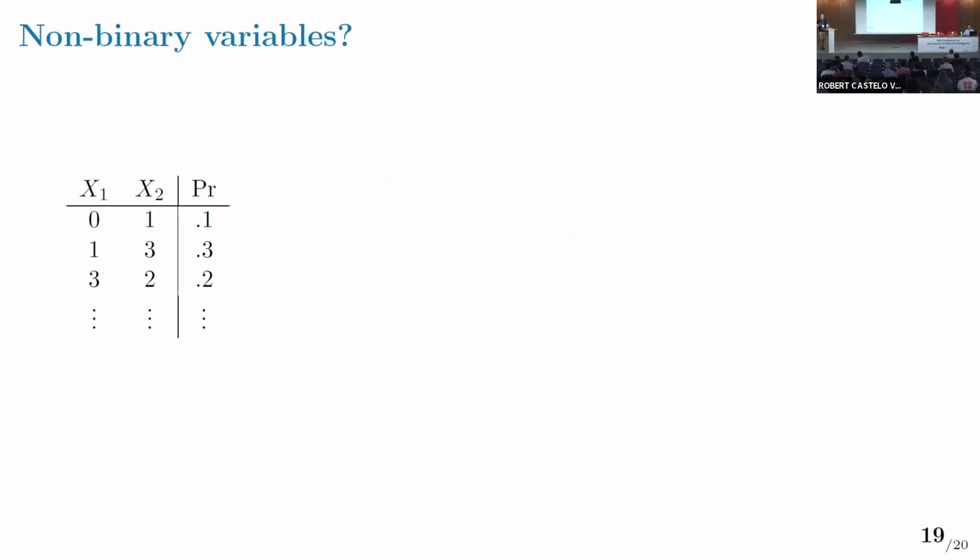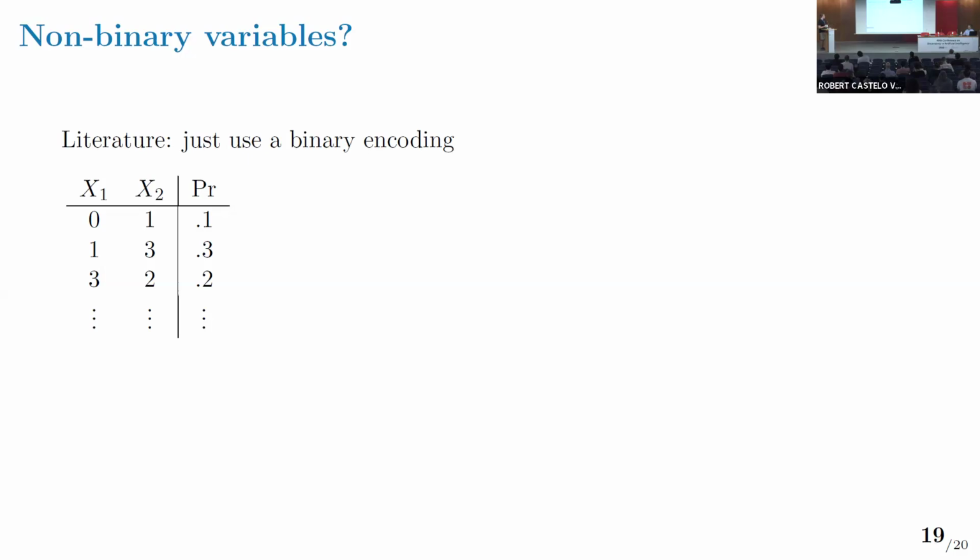Okay, one last cool fact is that for non-binary random variables, it wasn't known previously whether you still have tractable inference for generating functions. So first of all, if you have a domain larger than just binary, 0, 1, you can handle it for finite discrete domains by just using a binary encoding.